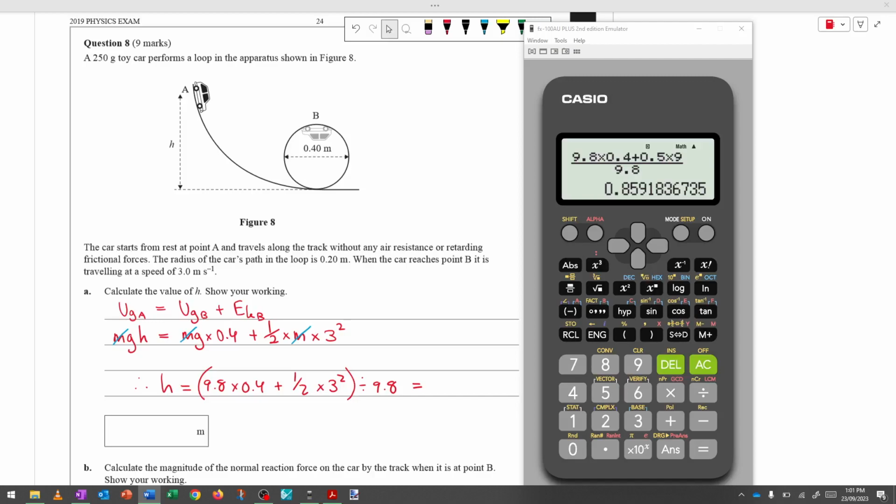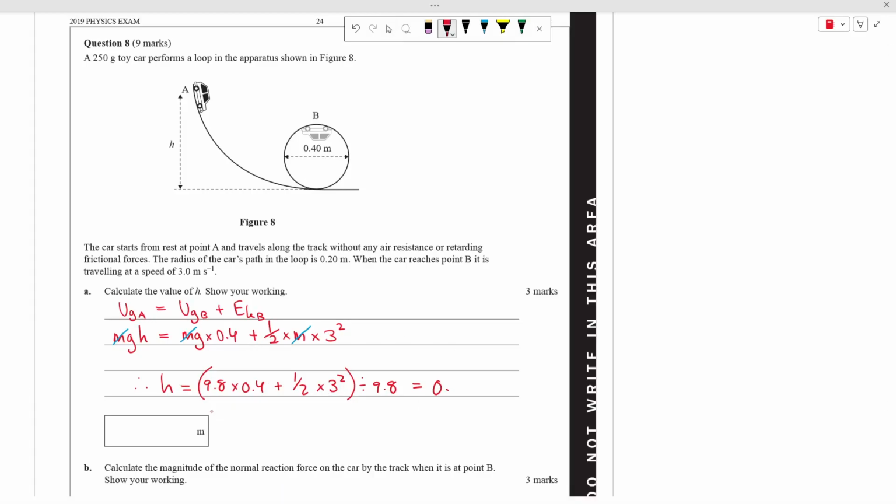I think that seems reasonable if the height of the loop is 40 centimeters, so it's 86 centimeters. There we go. Cool, so I'm happy with that, 0.86.